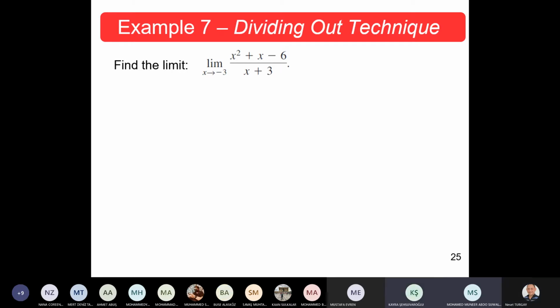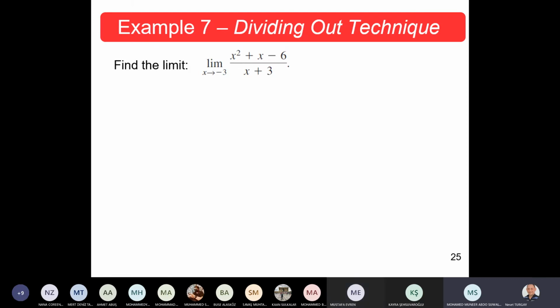Sir, is the answer minus 5? No, it is 0 over 0. You should check your calculation again.